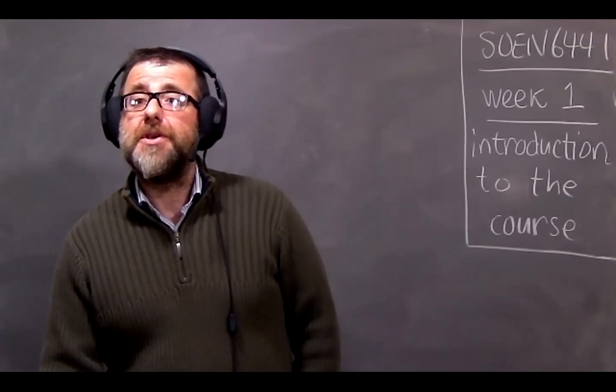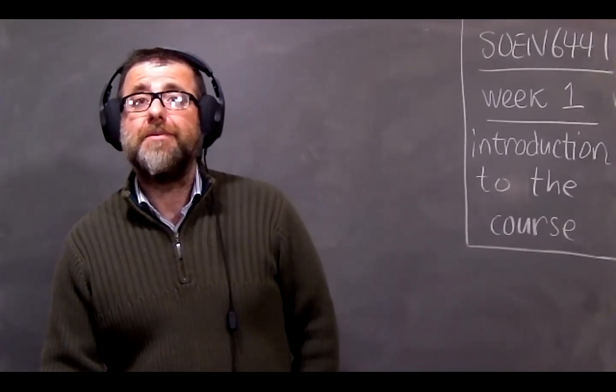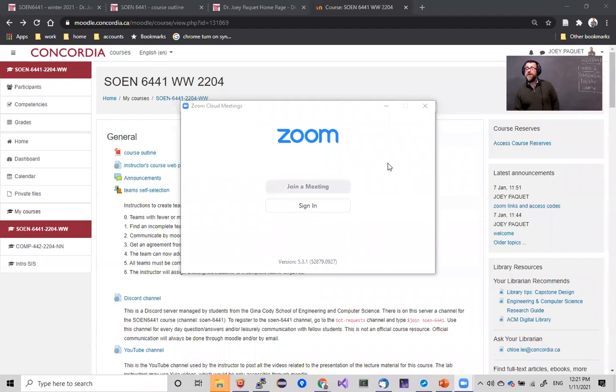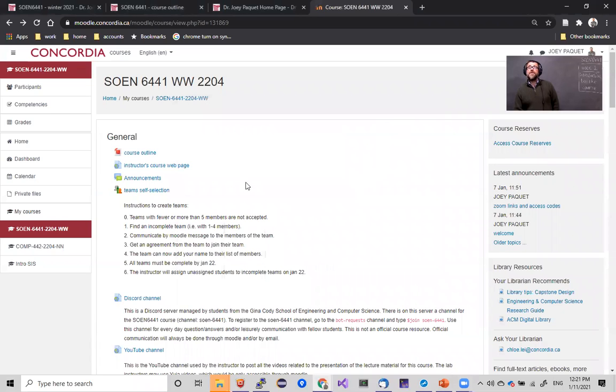So let's first go to the web page. The web page is essentially the Moodle page. You go on your My Concordia portal, then go to your Moodle pages, and you're going to find the Moodle page for this course, SOEN6441.